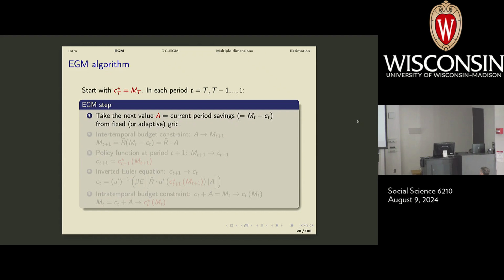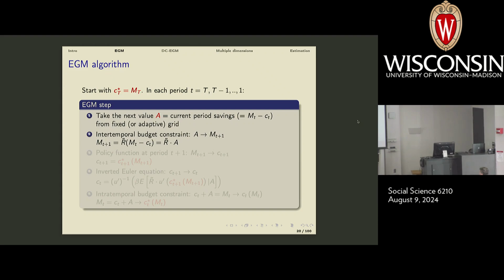I will be going through a grid of A's later on. But let's start with just one number A. And I will be thinking of this A as to represent what's left after the consumption choice. So the A we should understand as M_T minus C_T, okay? But imagine that I know this and I fix this. That means that my next period wealth is well defined because this is just an R times A.